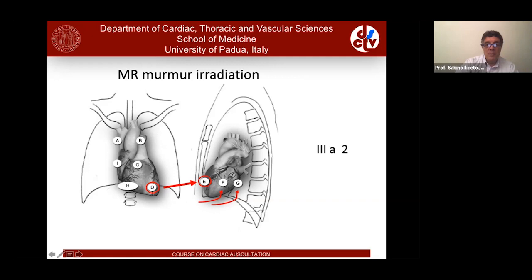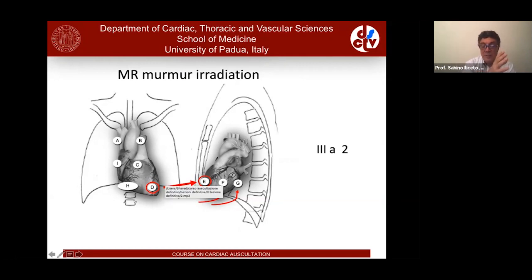Let's suppose that you are dealing with mitral regurgitation. In the majority of instances, the maximum intensity is on D, and then there is the irradiation.